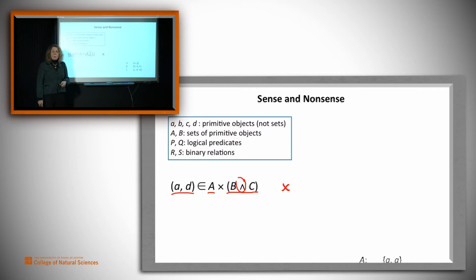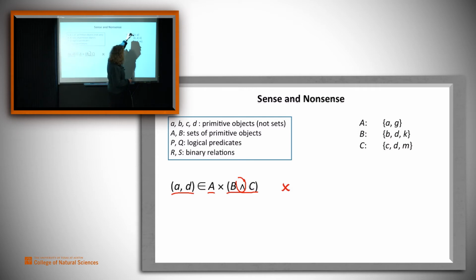Let's try to figure out what somebody might have been trying to say. Suppose that we have these sets. Maybe what someone's trying to say here is that the pair AD is an element of A cross some set that requires that you be in both B and C. See the and there. And note that that would actually be true.